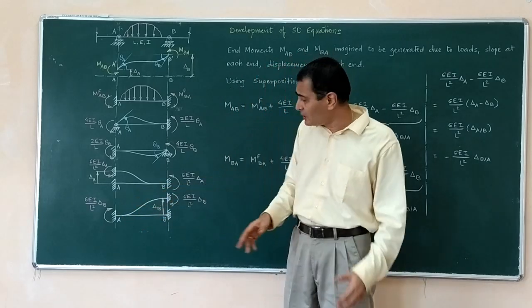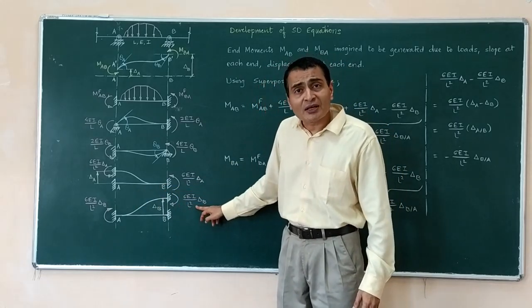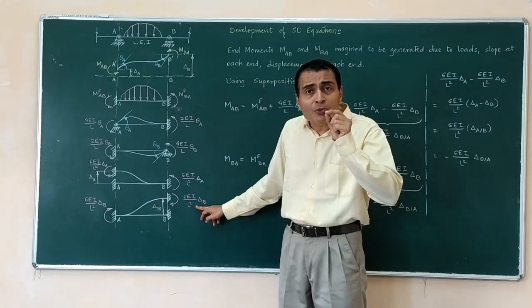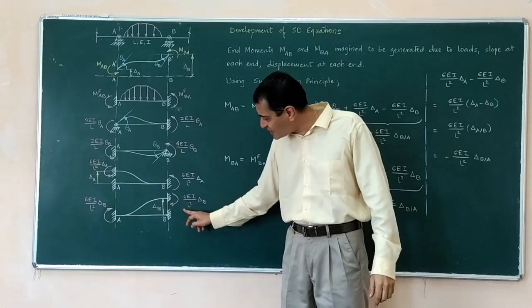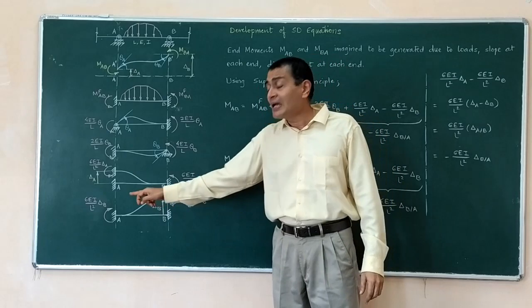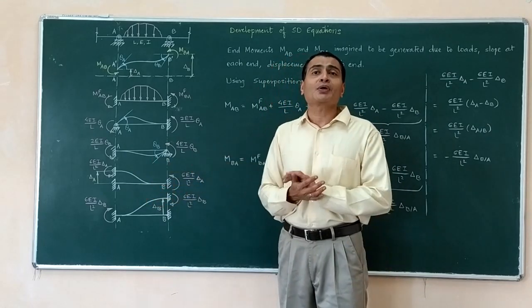It is essential that the end moments generated because of only pure translation of B are shown as clockwise 6 EI upon L square delta B, and there also clockwise 6 EI upon L square into delta B.